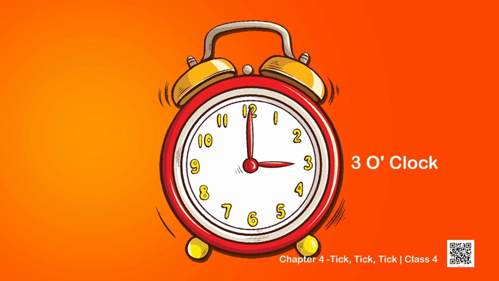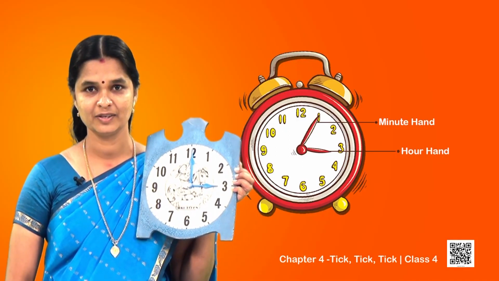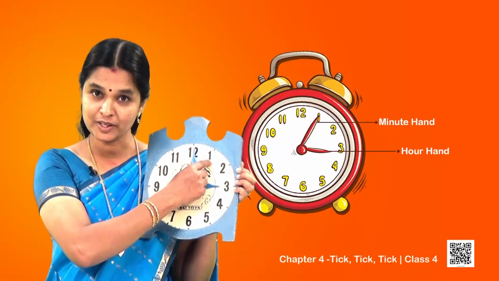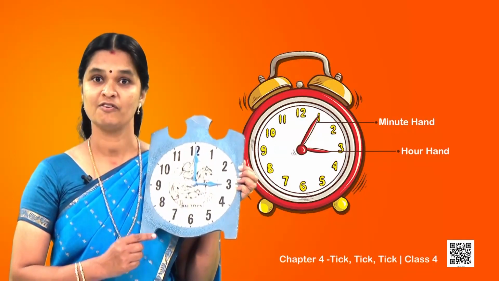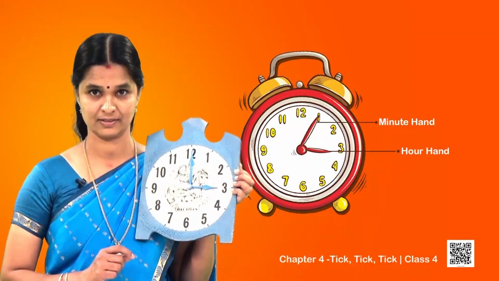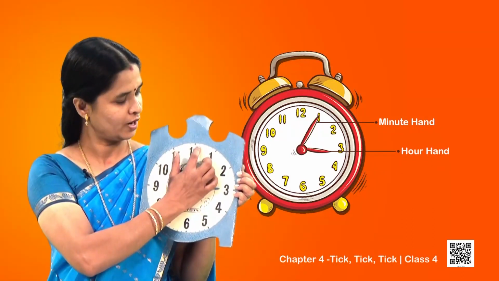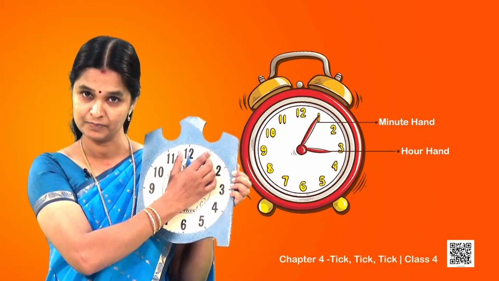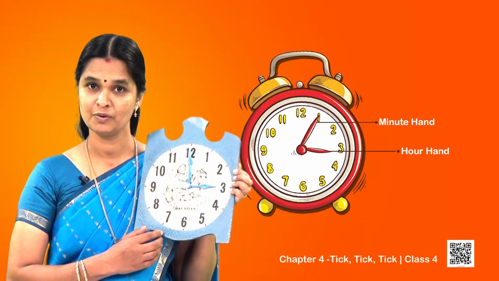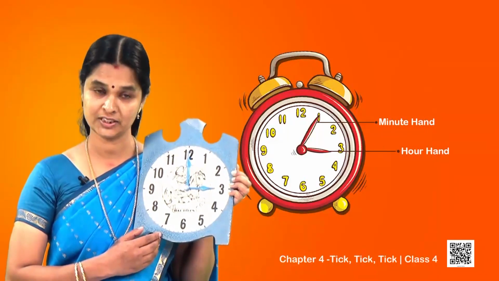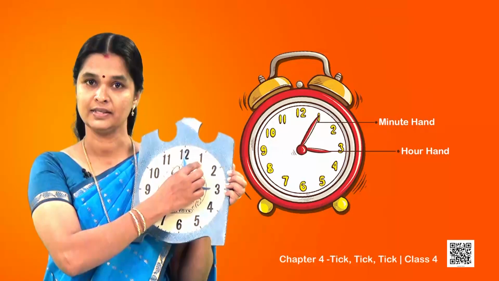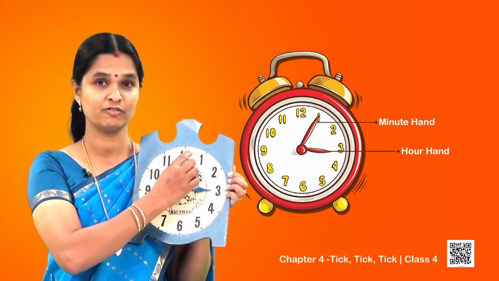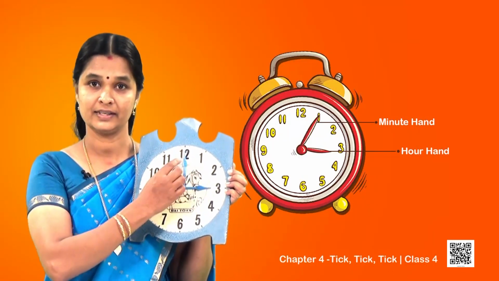As Pamposh said, when the minute hand moves from 12 to 1, it actually moves across 5 small lines. That is 1, 2, 3, 4 and 5. So, when the minute hand reaches 1, it has actually completed 5 minutes. Let us see that.